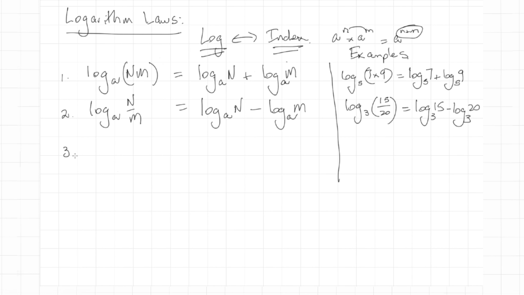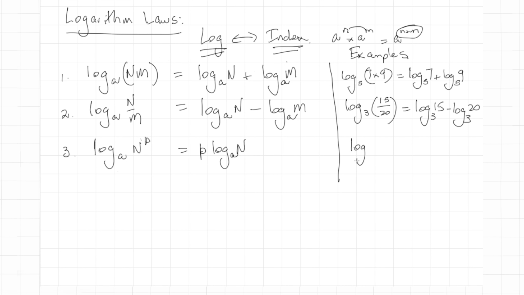Third law is that when you've got log to base a of n to the power of p. Now don't forget, this is an index raised to another index, and you multiply. So we multiply p and we put it out the front: p times log n to base a.